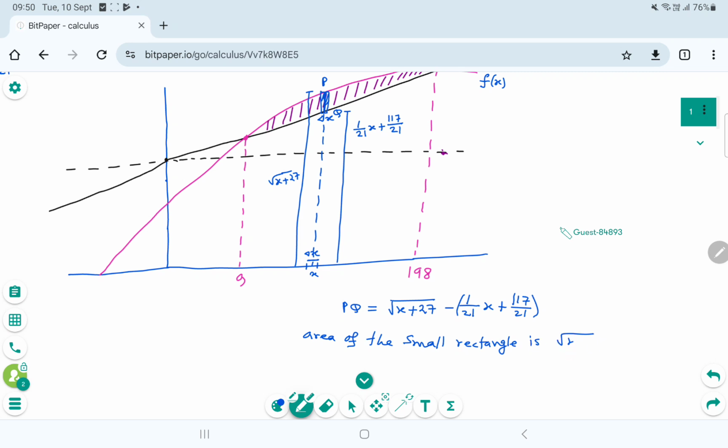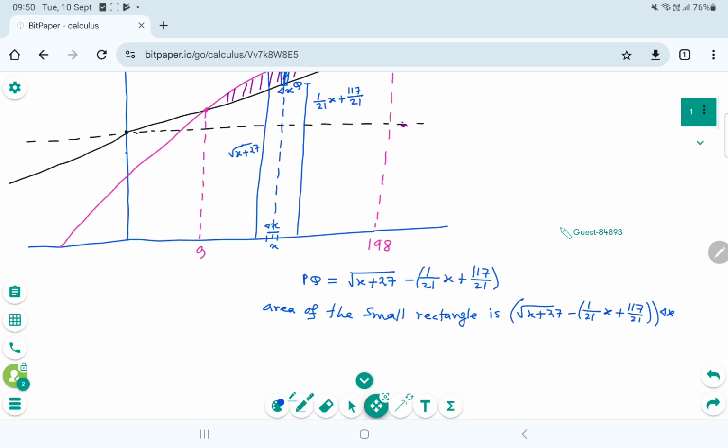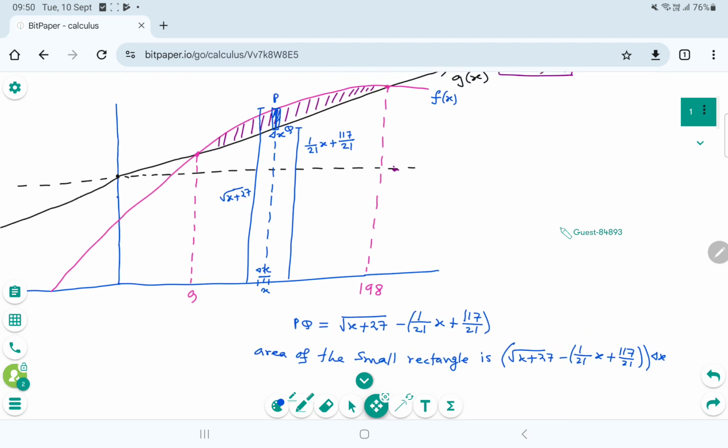So the height is the square root of x plus 27 minus 1 over 21x plus 117 over 21. That whole thing will be multiplied by delta x, right? Now what do we want? We want the area of the whole region. So how do we get that? We just have to add up the areas of all the small rectangles, right?